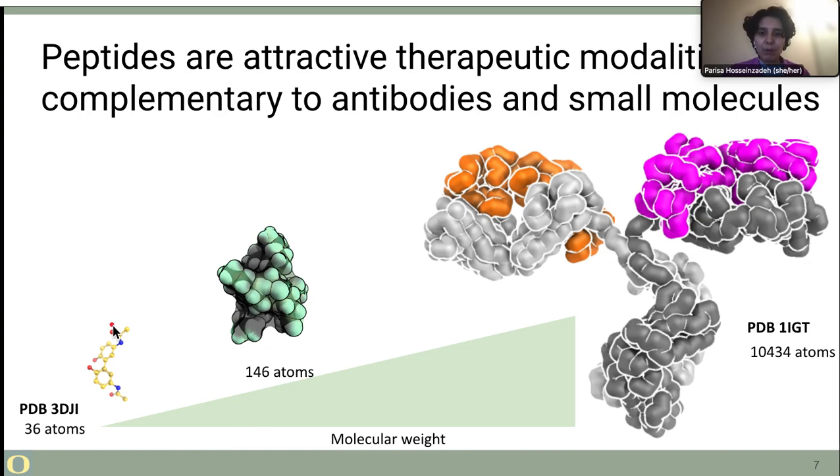In contrast to small molecules, they have the ability to bind to flat surfaces, and also it's really easy to change one small amino acid to another. So for example, if you want to change alanine to leucine, the backbone is the same. So the changing is really easy.